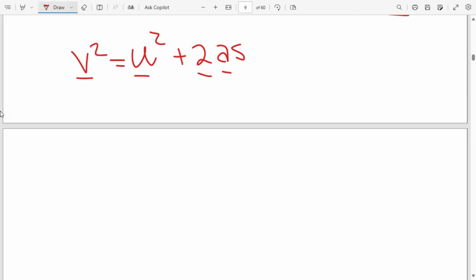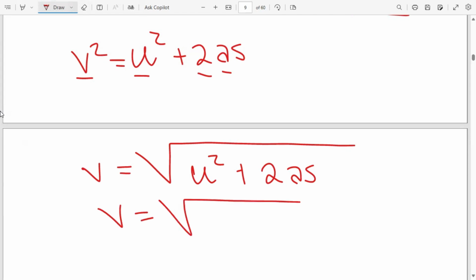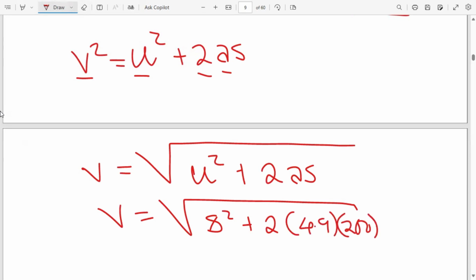We are looking for final velocity, so v equals the square root of u squared plus 2as. That is the square root of 8 squared plus 2 times 4.9 times 200.